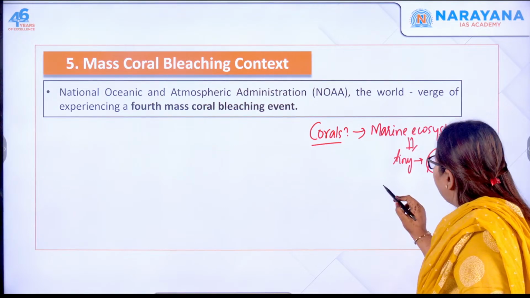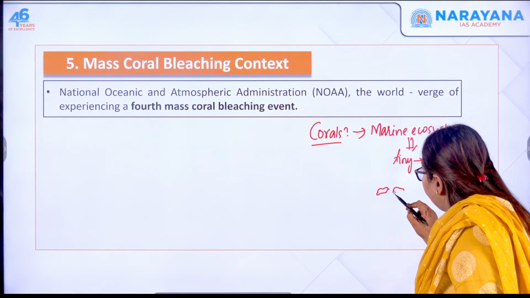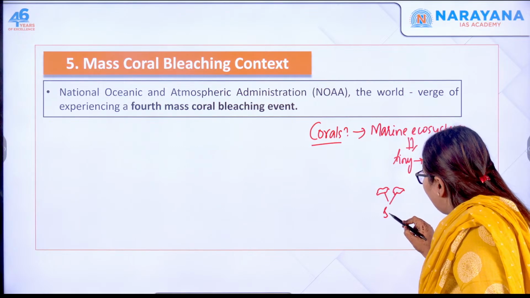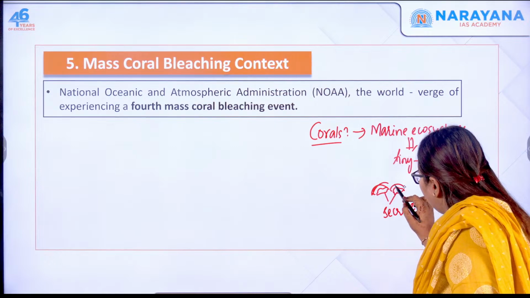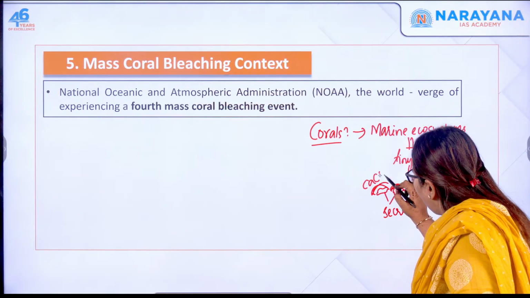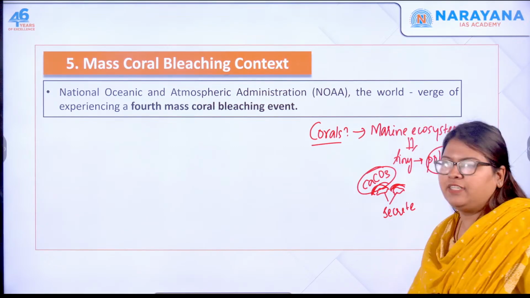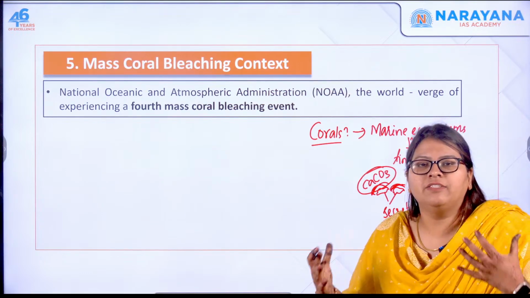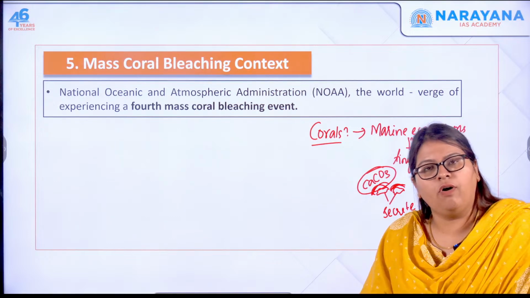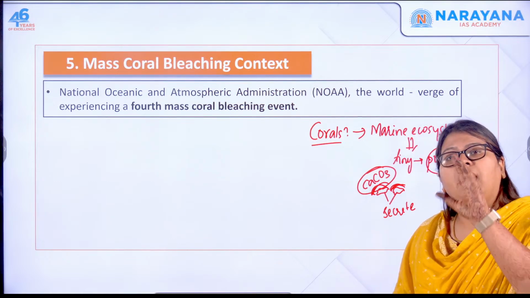These tiny marine organisms secrete an exoskeleton, a hard structure made up of calcium carbonate, that is CaCO3. This builds up over millions of years and results in the formation of corals.